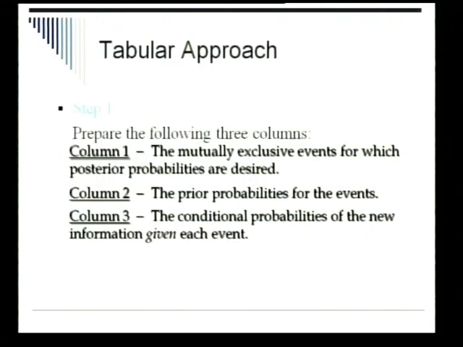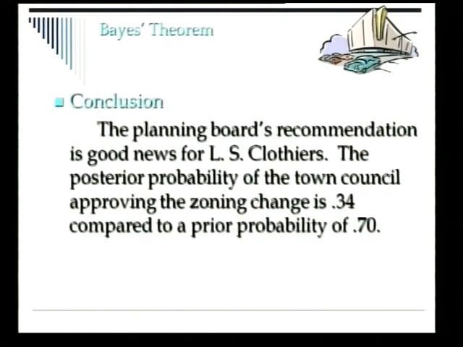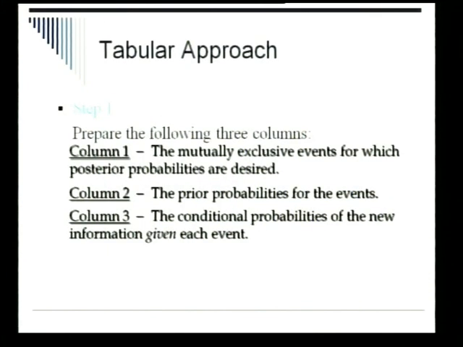Okay, so the same problem which we have solved here by tree diagram, we can solve through the tabular form. Firstly, we find the mutually exclusive events for which the posterior probabilities are desired. Those events are A1 and A2. The second column is the prior probabilities for the events. The third column is the conditional probabilities of the new information given each event.